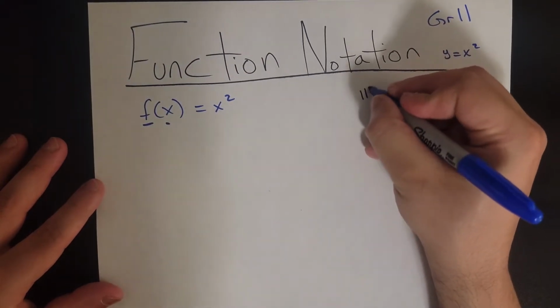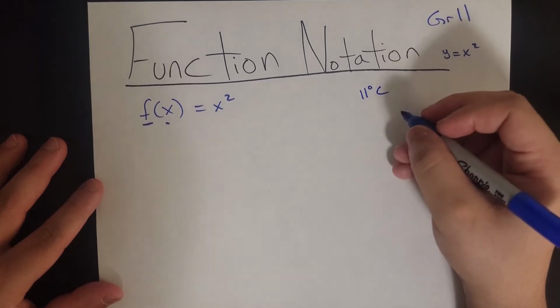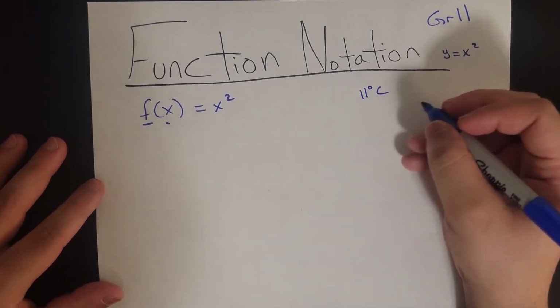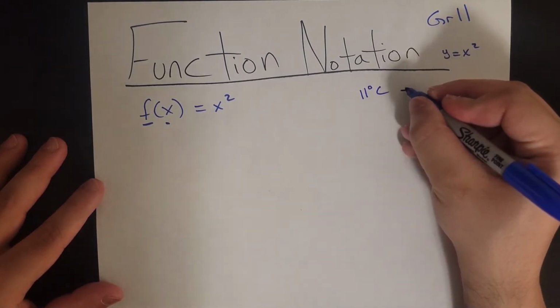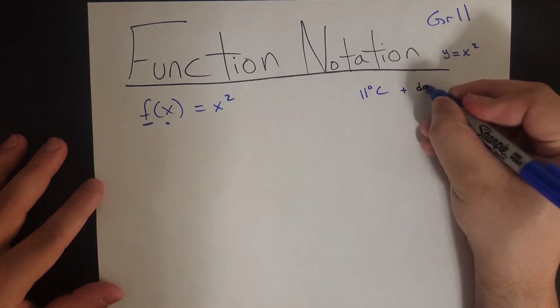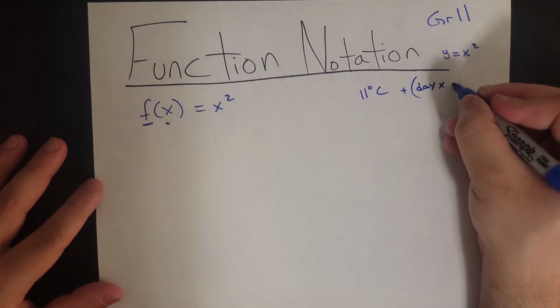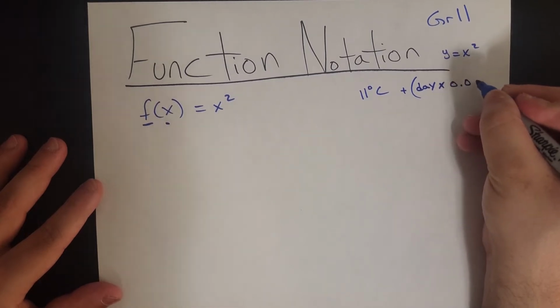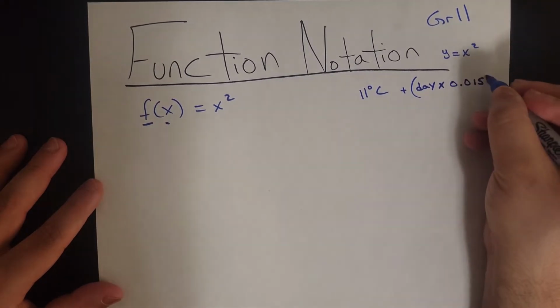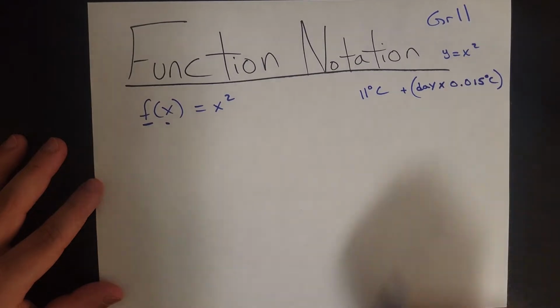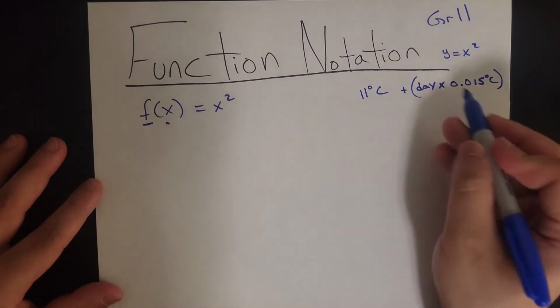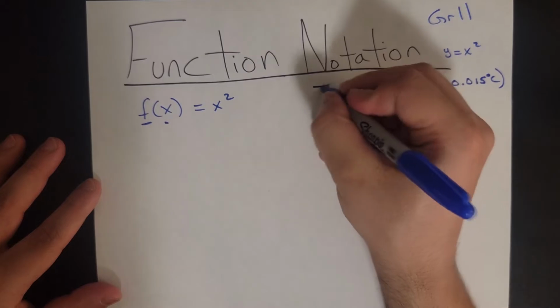Say it's at 11 degrees Celsius, and every day that passes by, we add 0.015 degrees Celsius. So let's say we want to represent this in a function t.